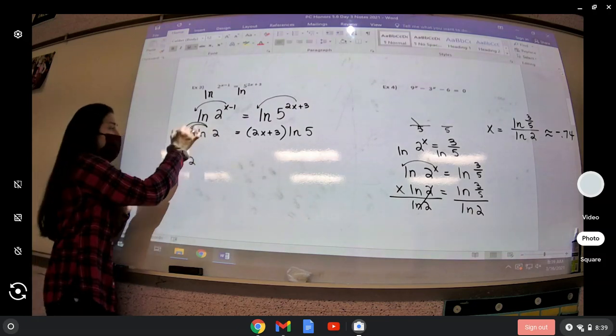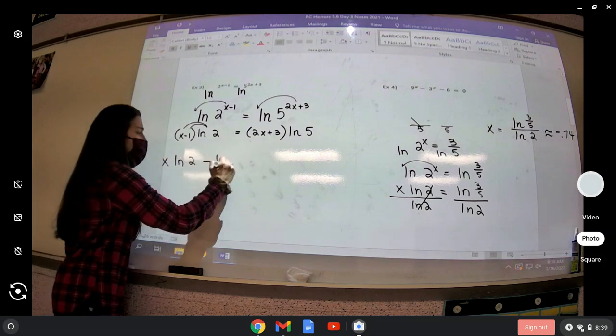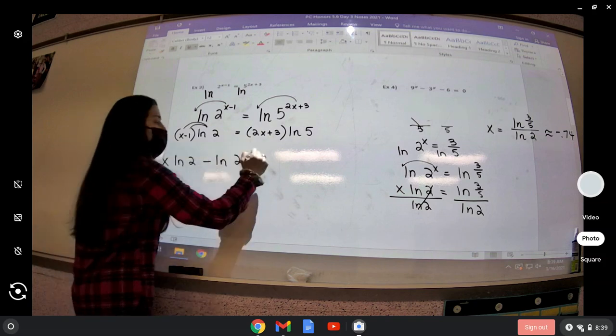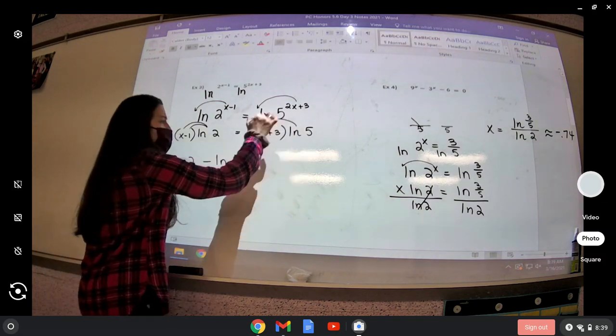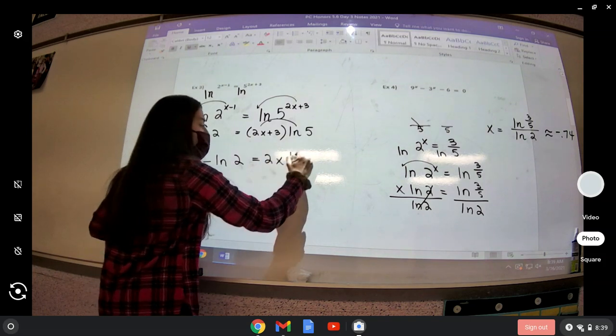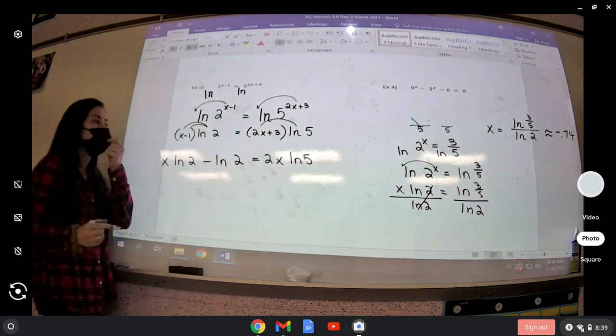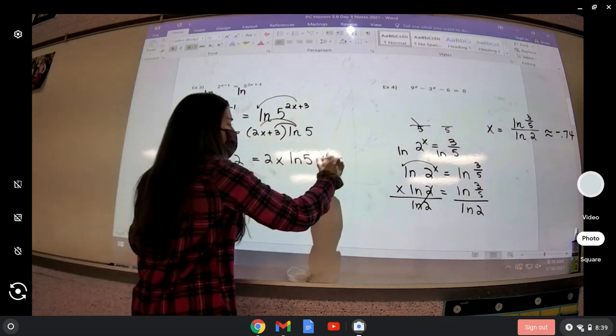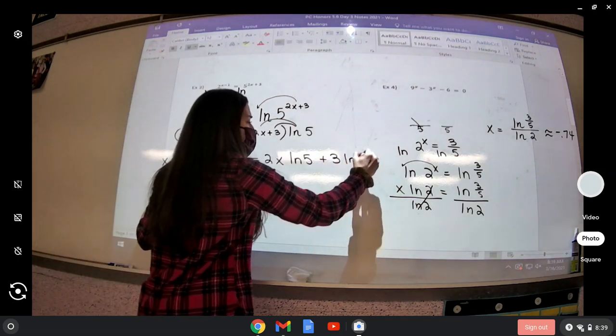And then the natural log of 2 times negative 1 is negative the natural log of 2. Equals, now let's distribute the natural log of 5 times 2x is 2x times the natural log of 5. And then the natural log of 5 times 3 is plus 3 times the natural log of 5.